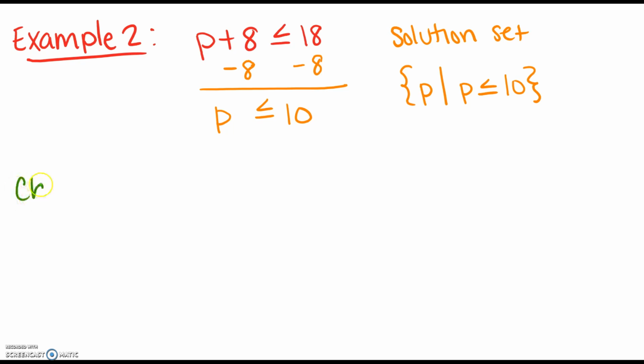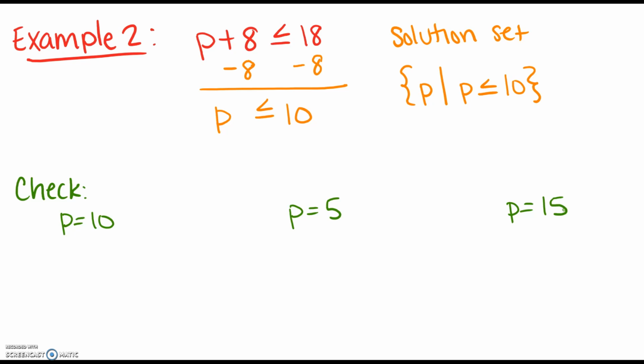We're going to choose 3 values: p equals 10, p equals 5, and p equals 15. So we chose a number that is our answer, one that is less than, and one that is larger than 10.